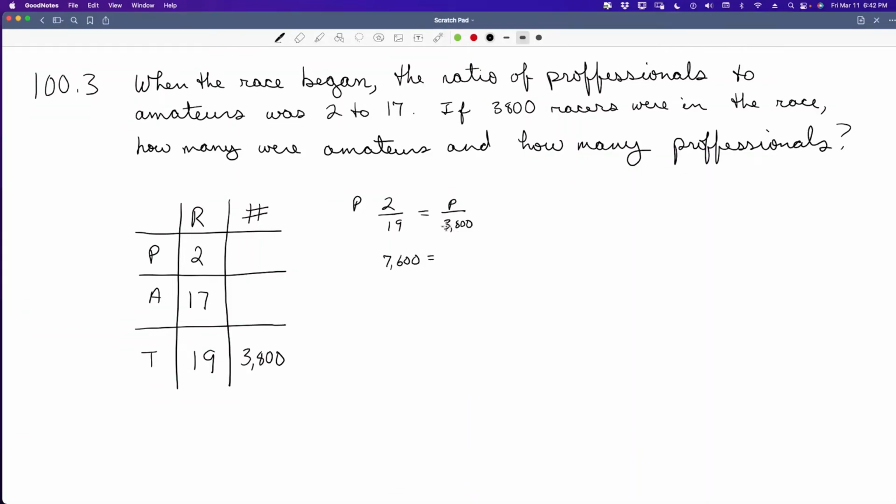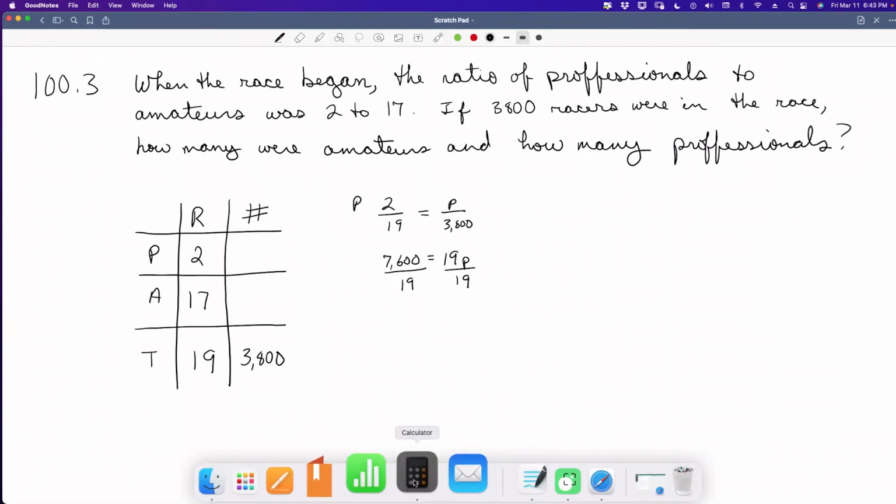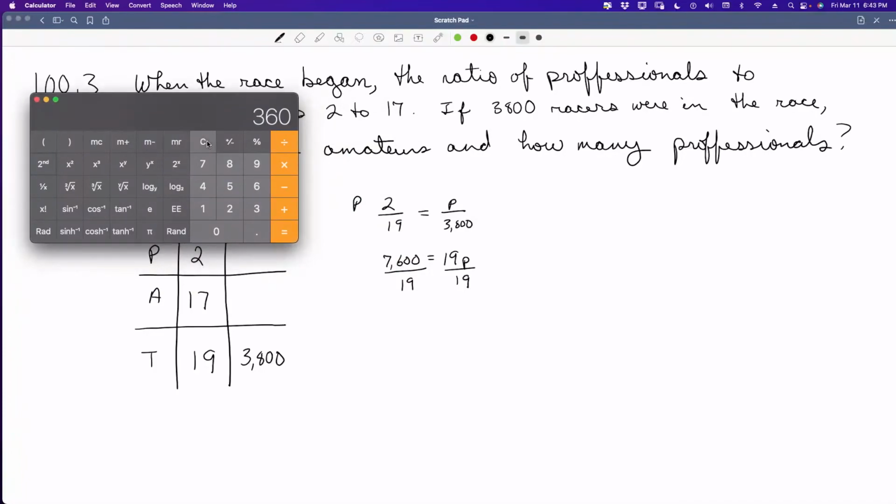If you're wondering how I did that in my head, I just took 38 and doubled it, and that's 76, and then I just put those 2 zeros on the end. That's pretty easy if you do it that way. 19P. So now we divide both sides by 19. And let's do the math with my calculator because I can't do that part in my head.